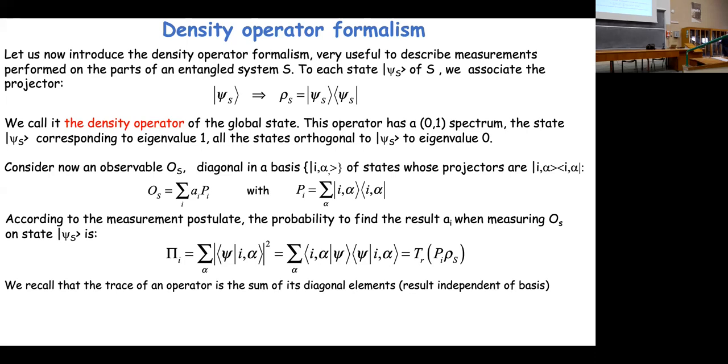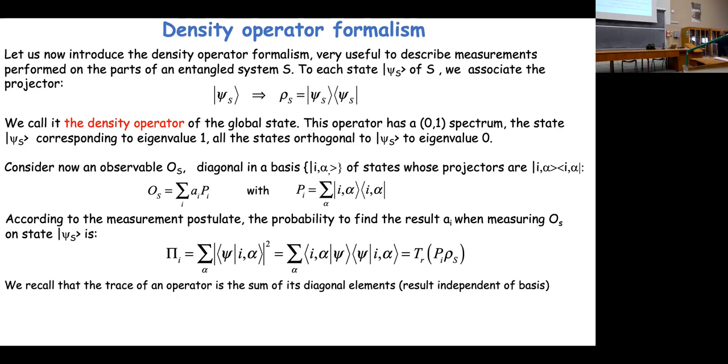So suppose that I want to measure an observable, and I expand this observable on the basis of eigenstates. A_i is the eigenvalue, and P_i is the projector on the eigenspace with eigenvalue i. It can be non-degenerate or it can be degenerate, it doesn't matter.